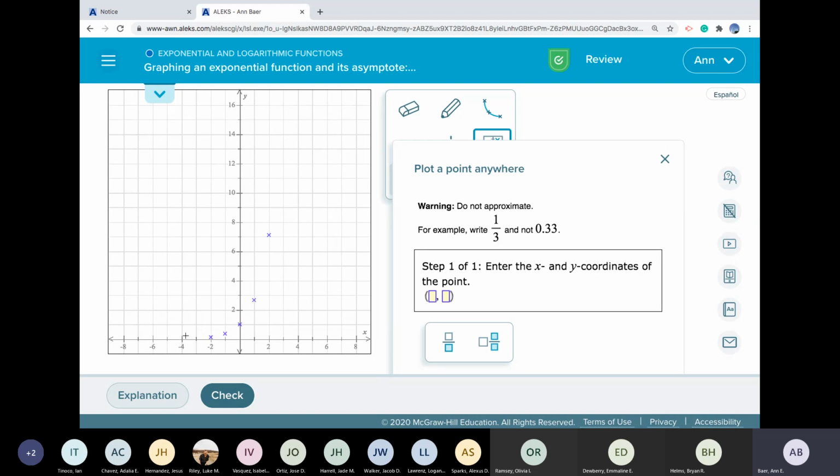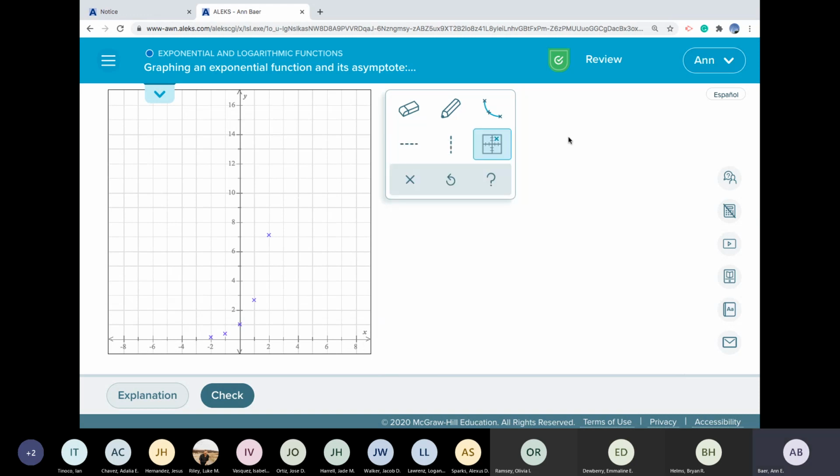Doesn't include it, but it gets ever so close. So that's where we are going to put our asymptote. This graph will never reach 0, but it'll get ever so close. And that's good. Thank you for your comment. I really appreciate it. Shows me that you're thinking, and I'm so happy. You are on the right path for sure.